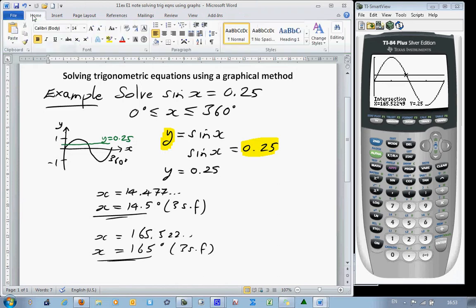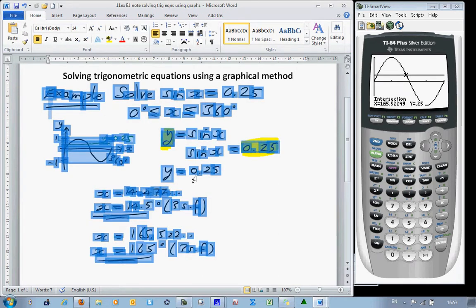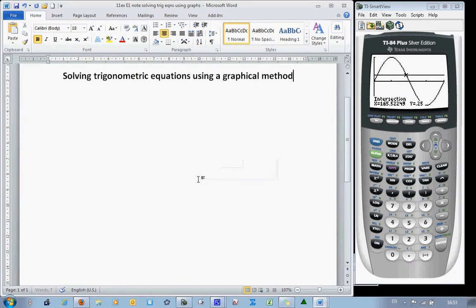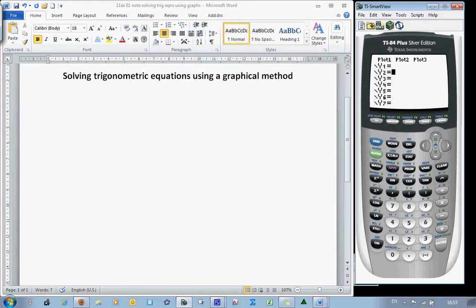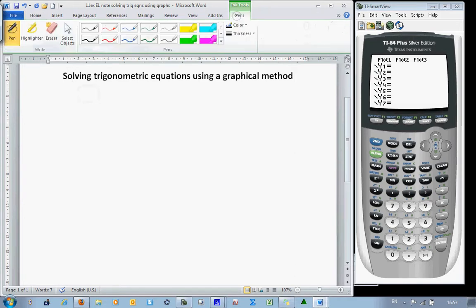Okay, and this time we'll do one in radians. So here's an example. Something like, solve sine 2x plus 1 equals x.